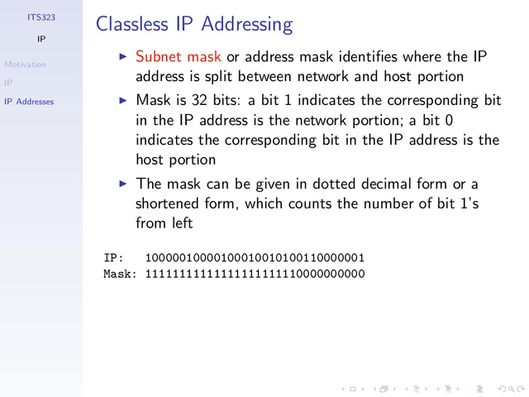What if we did something different and split 26 bits for the network portion, 6 bits remaining for the host portion? That leaves us 2 to the power of 6. How many values is that? 64.